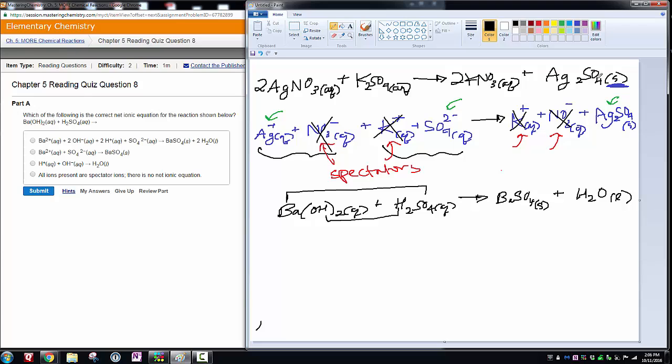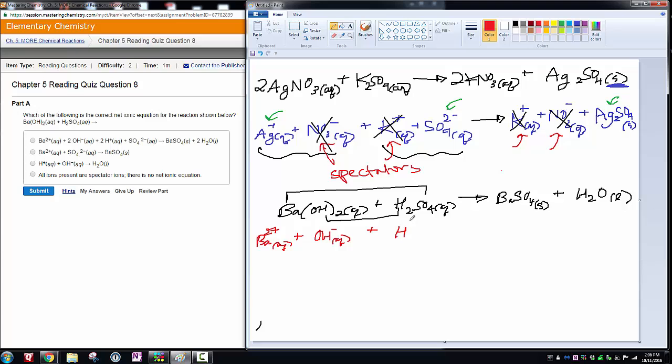So for here, when we took the complete molecular equation, everything is represented as a molecule. Everything which was aqueous, we could split up into ions, and then you could cancel out ions, right? So if we pull this out, we've got barium 2+, aqueous, hydroxide, aqueous.